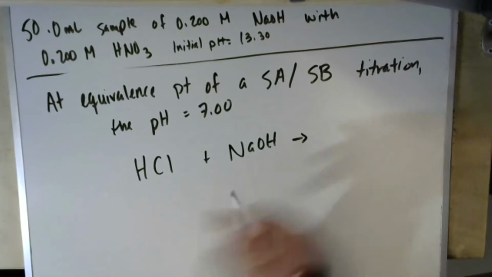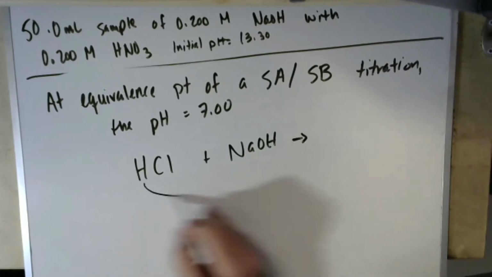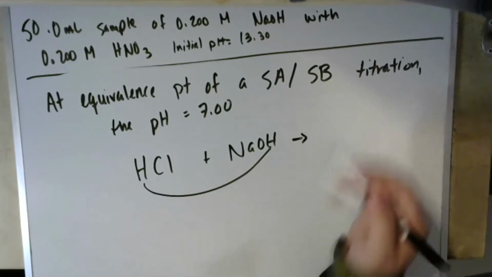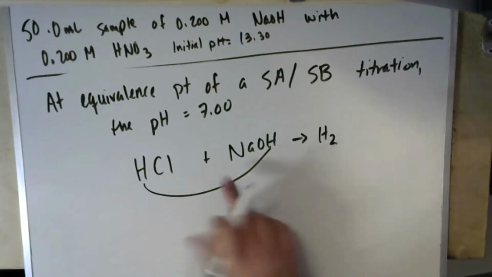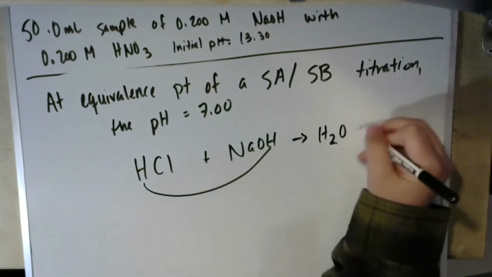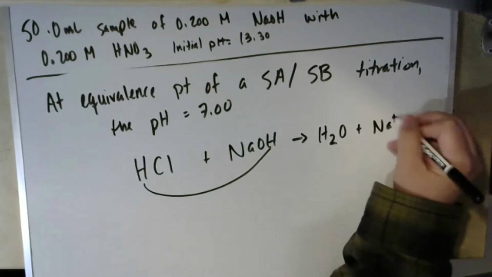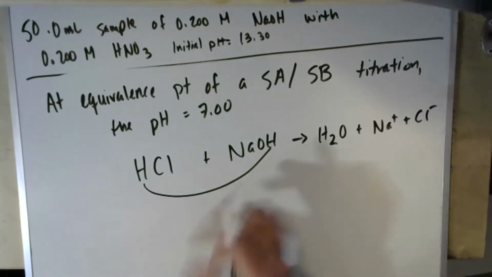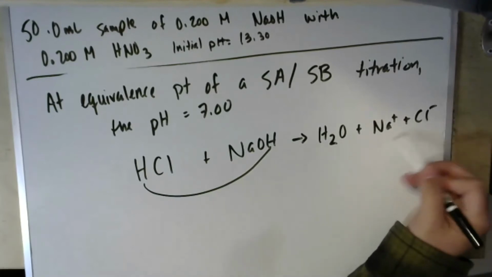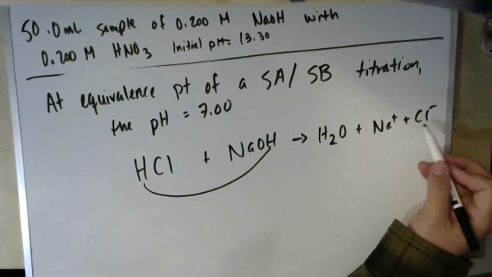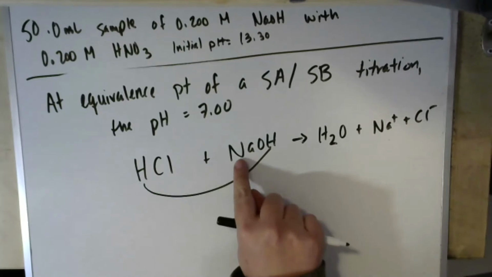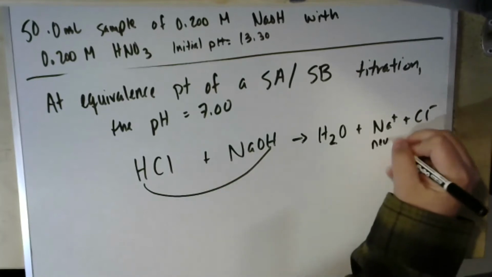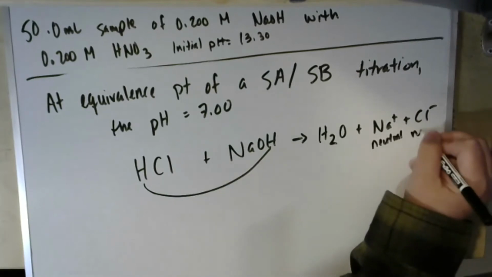When this reacts, your H plus and your OH minus are going to form water, and you're going to be left with sodium ions and chloride ions. With a strong acid and a strong base, the ions that were part of them are both neutral ions.